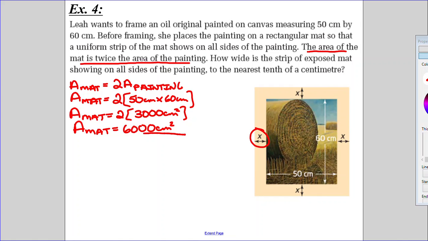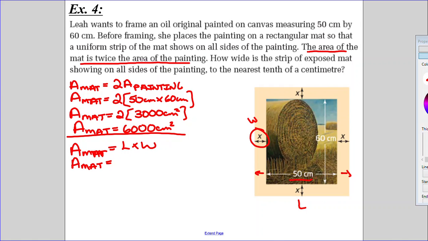Now we know that the area of the mat equals length times width. It's just a rectangle. Let's say this is our length and this is our width. If I look at the length, I've got 2 x's adding right here and right here, plus 50.